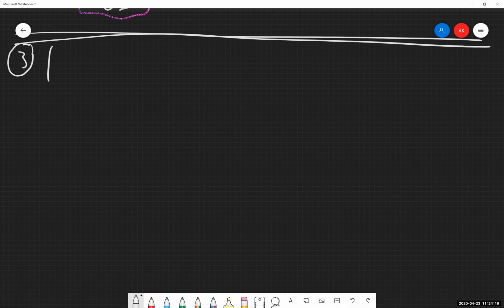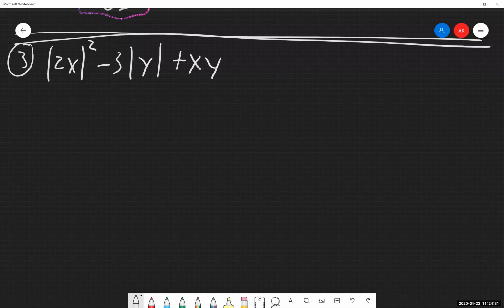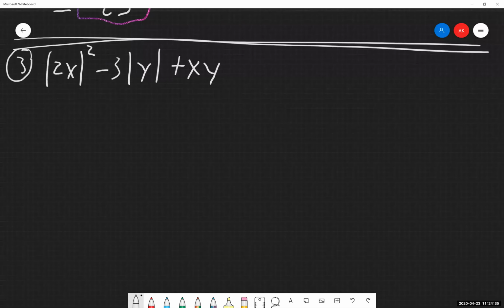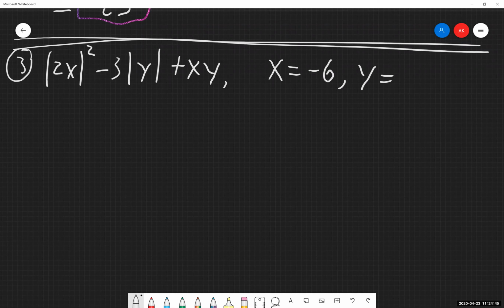So we have the absolute value of 2x, the second power, minus 3 times the absolute value of y plus xy. And then we are told that our x value is equal to -6, and our y value is equal to 8.